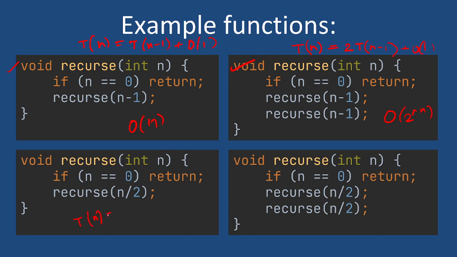T of n is equal to T of n by 2 plus O of 1. a little louder, more louder. This will, n is being divided by 2 and it will do it log of n times.